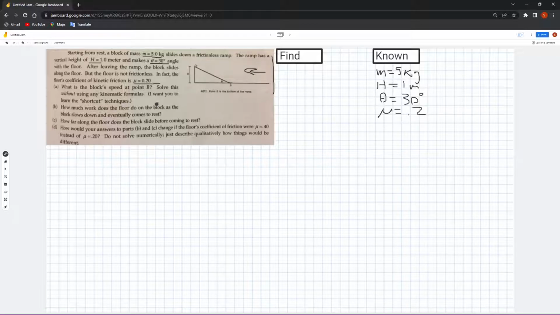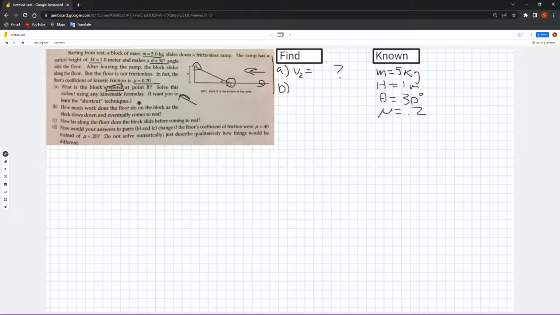Okay, so then we want to determine what we're actually looking for. The first thing we're looking for is speed, or what is the block's speed at point B. So for now I'm going to call that velocity, and since we have multiple points, I'm going to call that velocity 2 equals question mark.